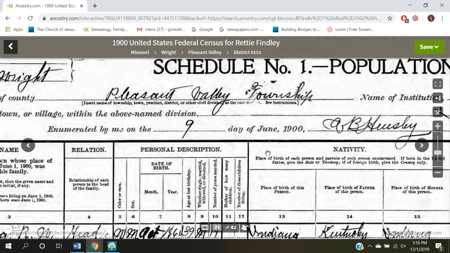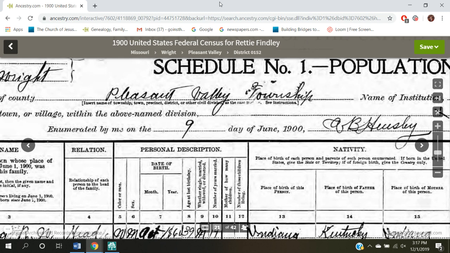At the top here, we see the date, 9 June 1900. So we know that Retta Elizabeth Finley was not yet married on the 9th day of June 1900. We also know that she probably was married before she became pregnant in September or October of 1901.